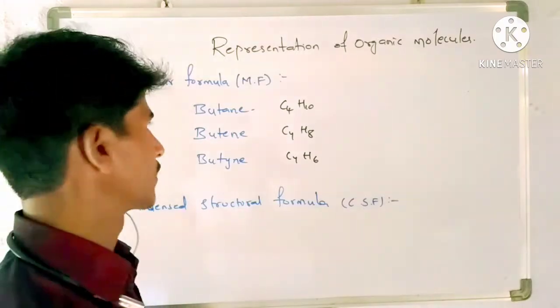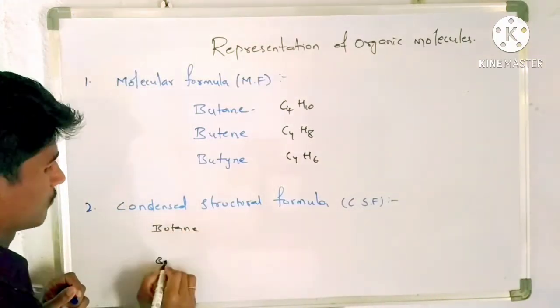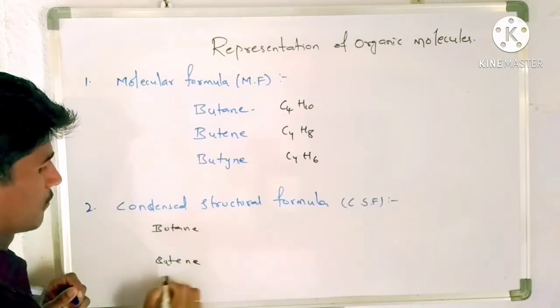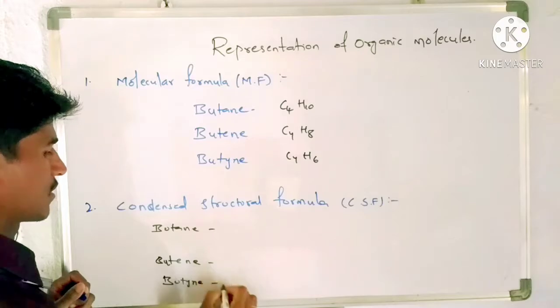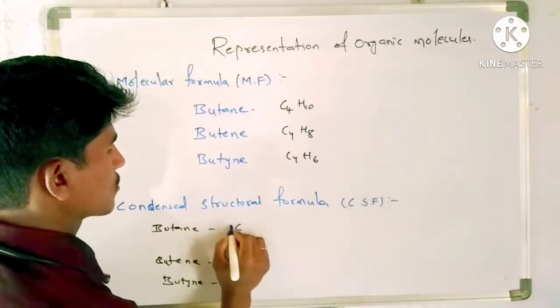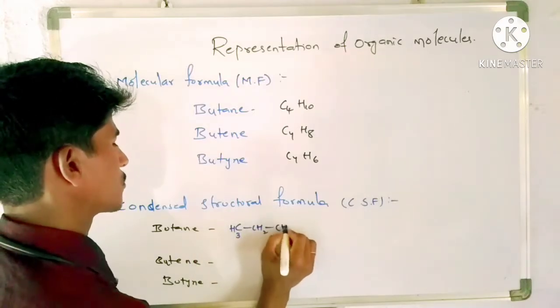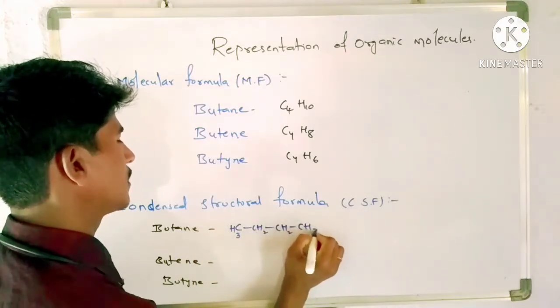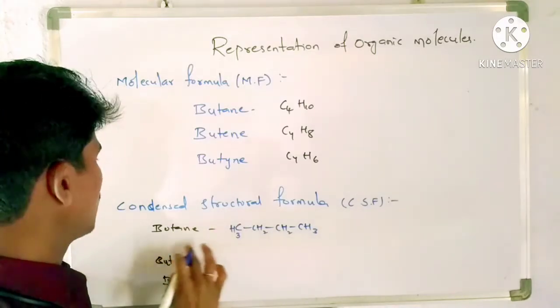For example, let us take butane. In the case of butane, C4, it is CH3, CH2, CH2, CH3. This is the condensed structural formula for butane.